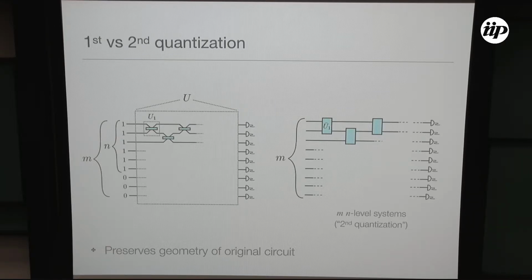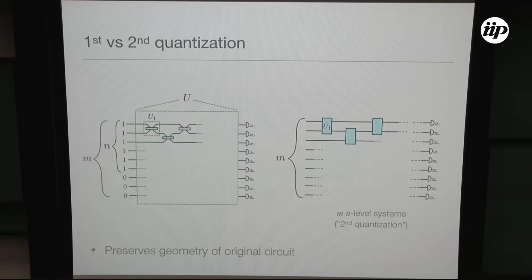When you do this mapping, every 2-mode transformation, a beam splitter, gets mapped to a 2-qubit transformation. The reason you would consider this mapping is because it preserves the geometry of the original circuit. So if you're asking, for instance, about the computational power of linear optics with small depth circuits, the depth is preserved when you map from one to the other.